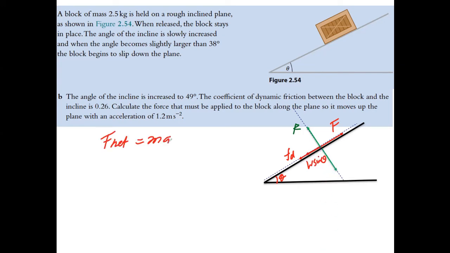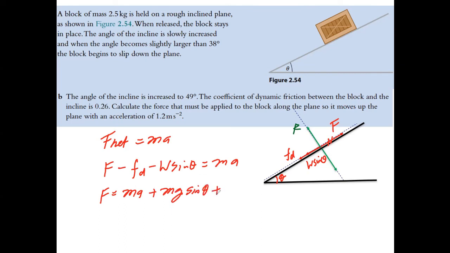The resultant force is the applied force F upward minus the dynamic friction minus the x component of the weight, which is W sine theta, equals ma. Rearranging, F equals ma plus mg sine theta plus the dynamic friction.